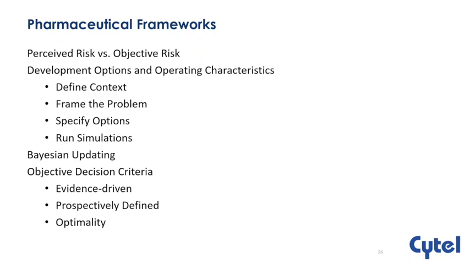Having an objective and optimal decision criteria is extremely important. So in order to have that, you need to prospectively define all your decisions. If you're defining decisions after the fact, after you see the data, you're not doing a favor to yourself. That's a well-known fact. And it has to be evidence-driven. It has to be data-driven.